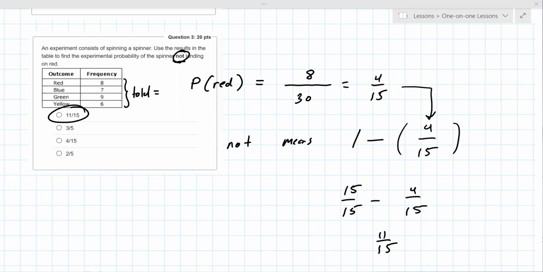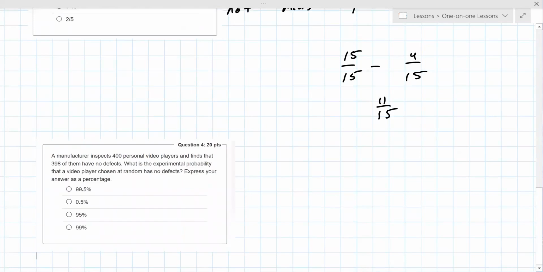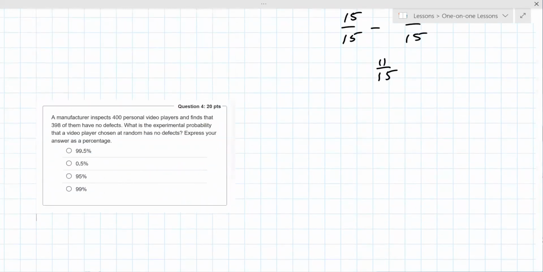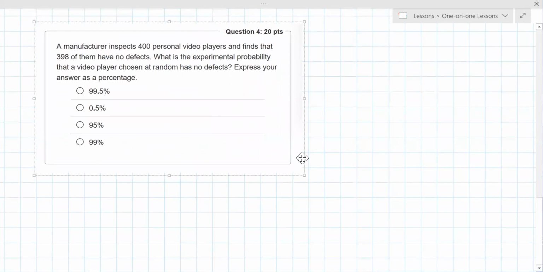Okay, so the next question has some related stuff to it. I believe it uses the word not again, or no. No is another kind of word that you can associate with these sort of awkward questions. All right, it says a manufacturer inspects 400 personal video players and finds that 398 of them have no defects.